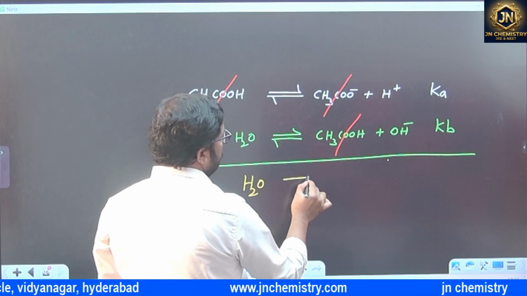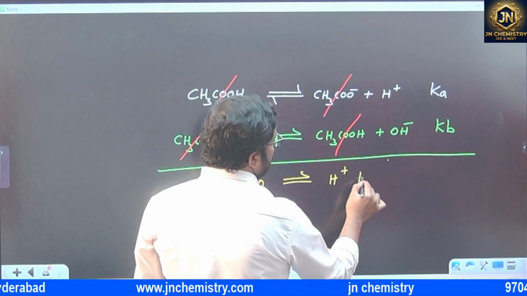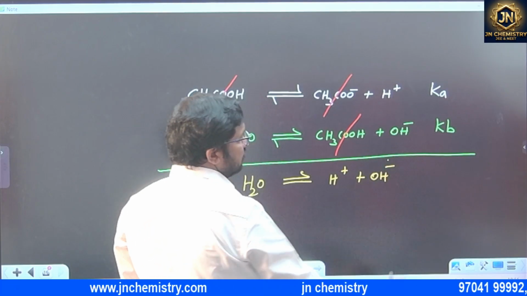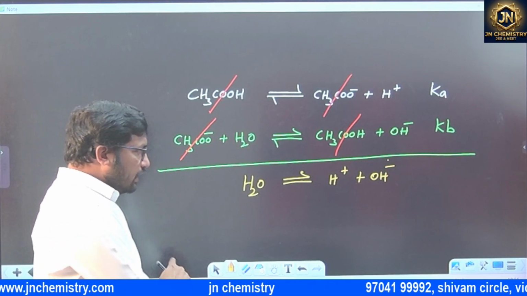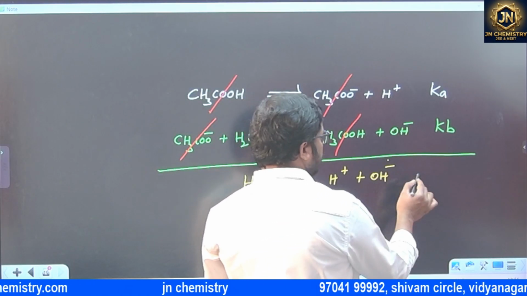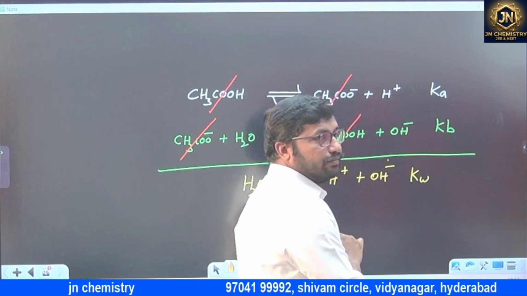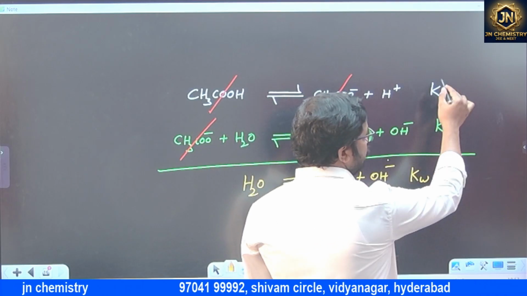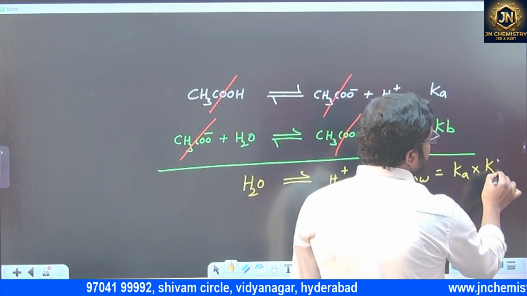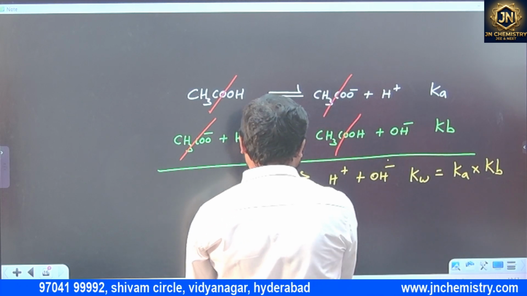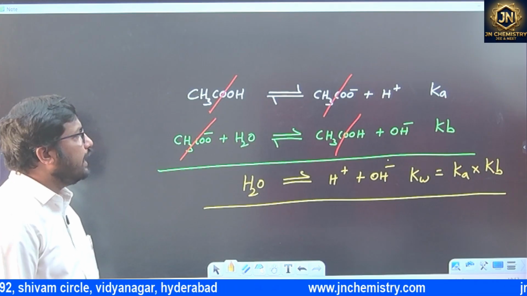H2O gives rise to H plus plus OH minus. H plus plus OH minus is nothing but Kw, which equals Ka into Kb. Write it down.